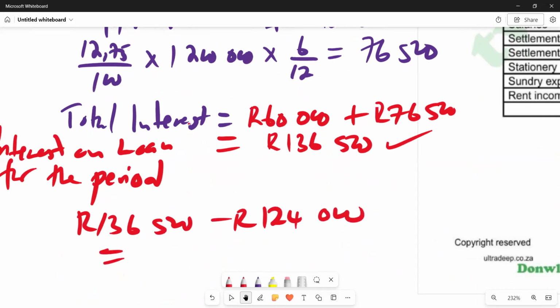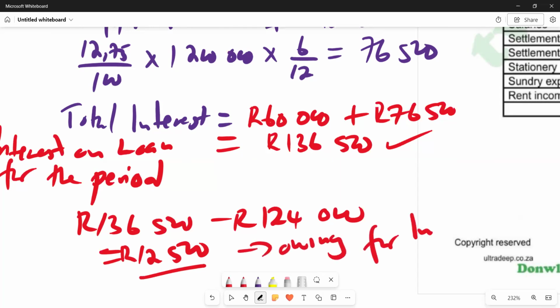Let's see what we are getting there. You are going to get your 12,500. That's the difference. So this is the amount that is owing for interest.